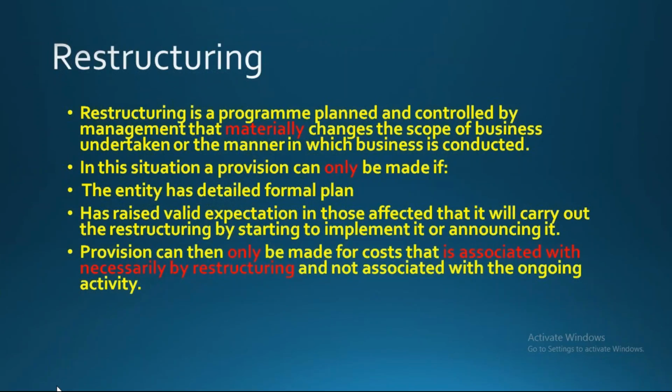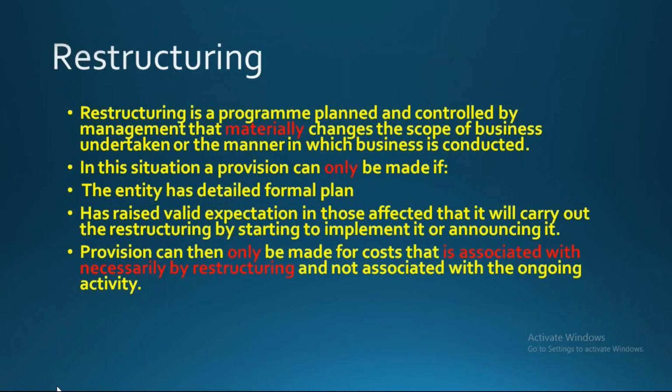Now what are the provisions that come up on a restructure? Right, your company is going through a major process of restructuring. What kind of provision? Let's say you have a shipping department and a printing department division, and your company decides to shut down the printing division. Once you do that, there may be certain people going to be transferred to the shipping division, etc. So provision can be made only for the cost that is associated necessarily with the restructure.